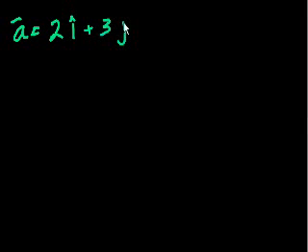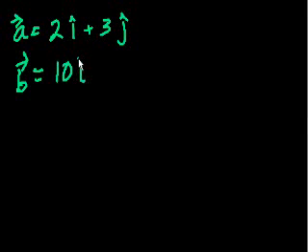If I define some vector a equal to 2i plus 3j, and I have some other vector b, this little arrow just means it's a vector, sometimes you'll see it as a whole arrow, as 10i plus 2j.